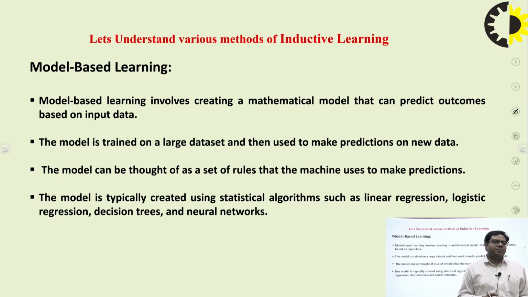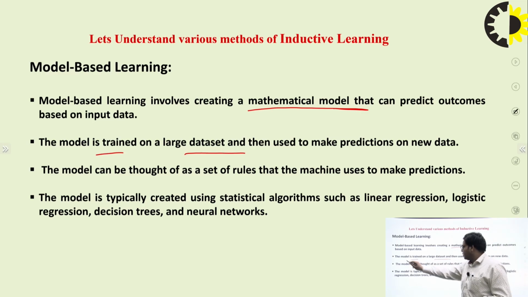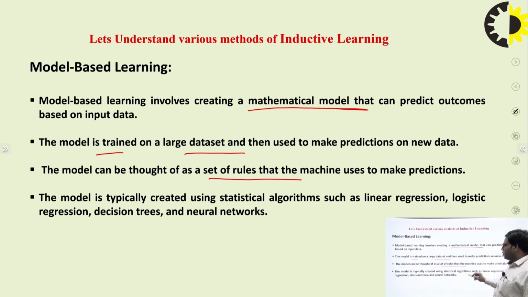But in instance based learning, this does not happen, because in model based learning we create a model on the basis of past data, trained on a large data set. There is a set of rules we are going to find out.